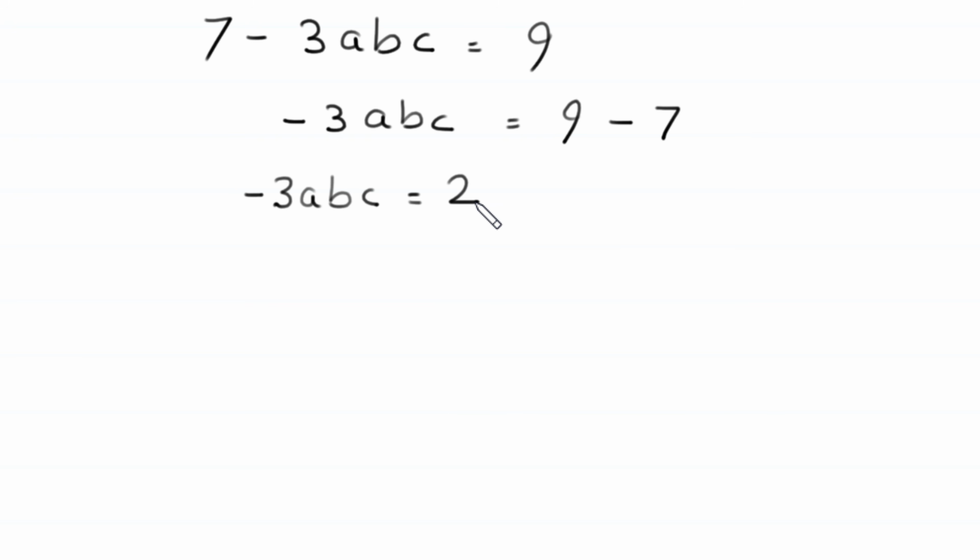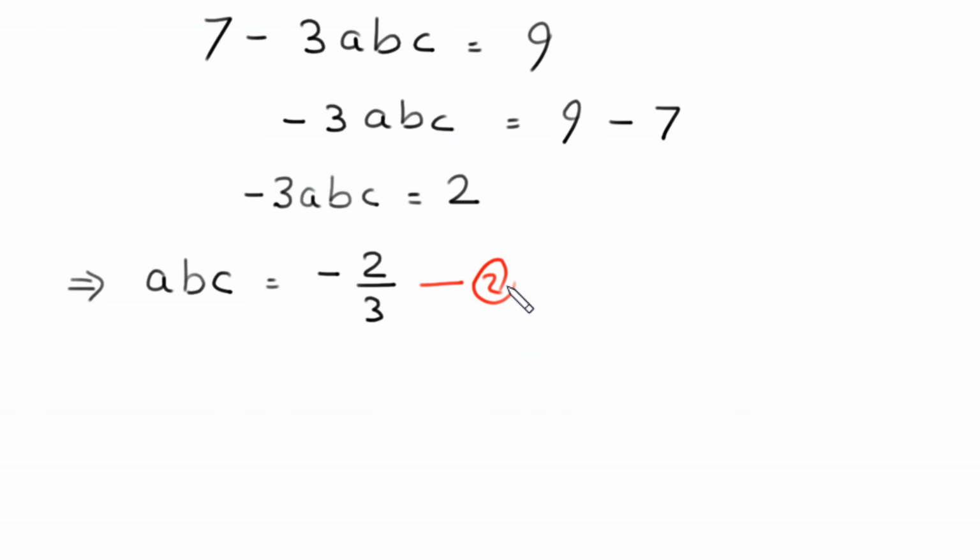If we divide both sides by negative 3, this implies that a times b times c equal to negative 2 over 3. Let's call this equation number 2.